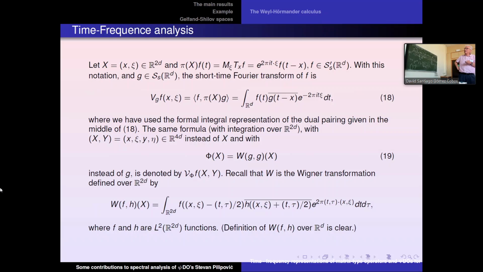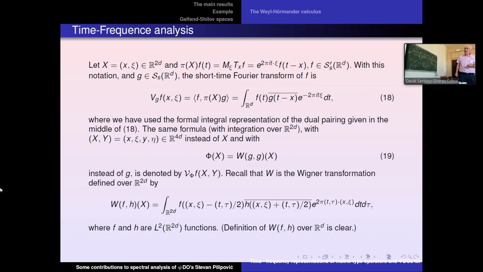What we will use later is this notation, this is the Wigner transform. Actually, this Wigner transform is probably the most important transform. Everything comes to that transform. It's defined here, but you see the dimension is different, so you have R to the power 2d.